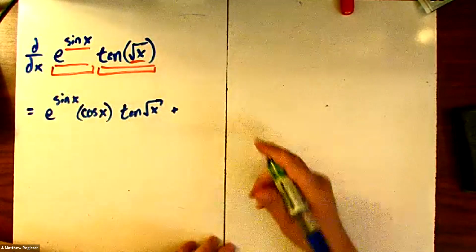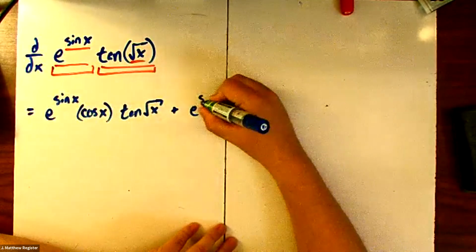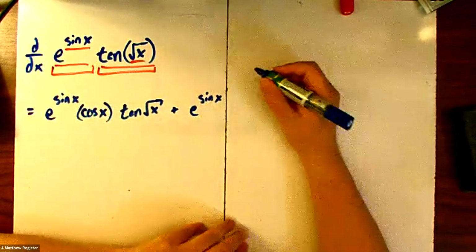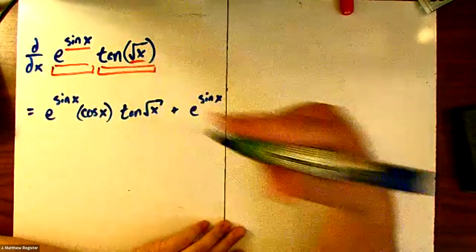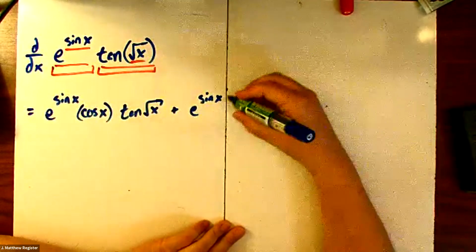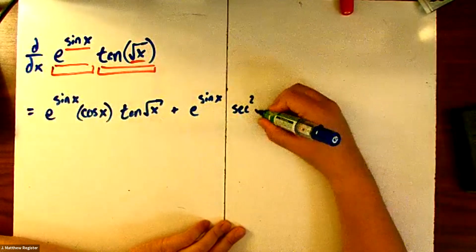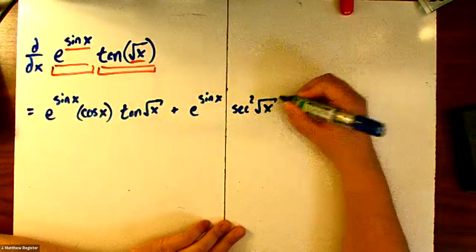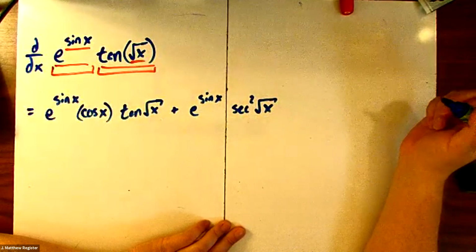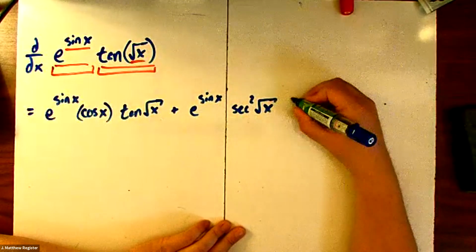We then keep our e to the sine of x. And then we need to multiply that by the derivative of tangent of square root of x. Well, the derivative of tangent of stuff is secant squared of stuff. And then we need to multiply that by the derivative of that stuff.